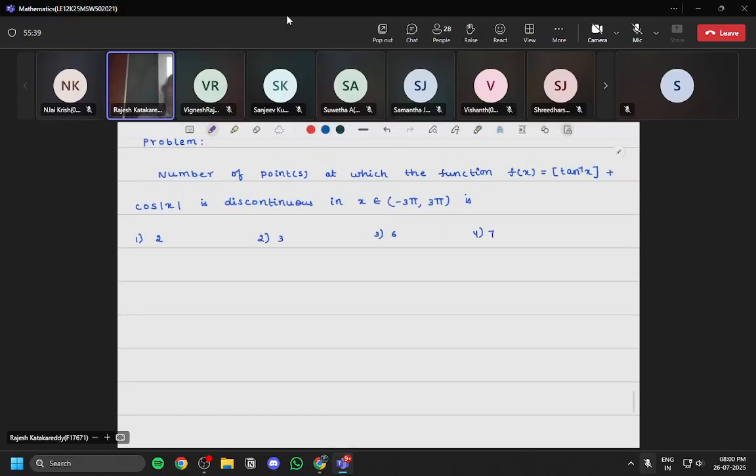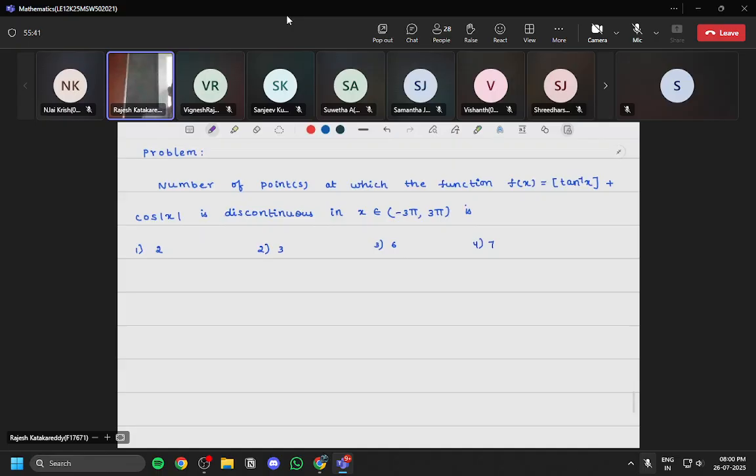First of all here, what is the range of tan inverse x? Any real number. Approximately how much is this one here?